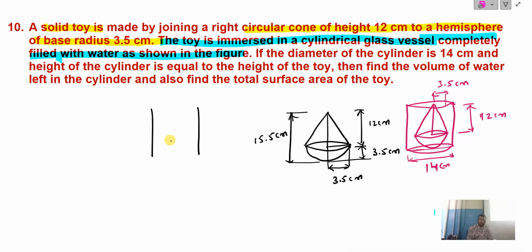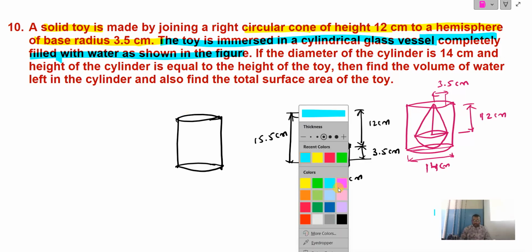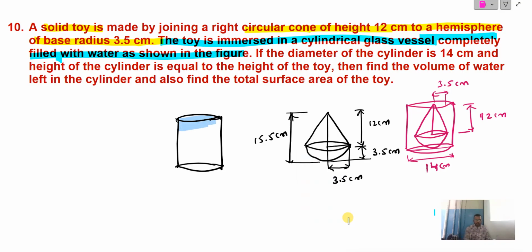Now what I am doing, interesting. A toy is immersed means I am going to put this toy inside the cylinder. Already the water was there in that, and in that I am going to keep a toy.